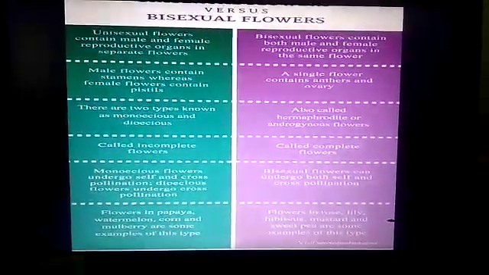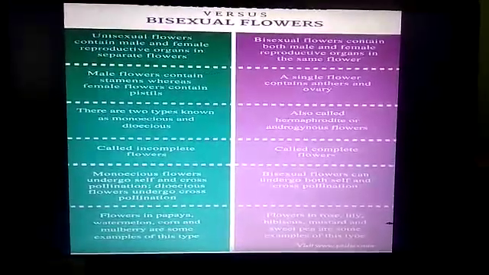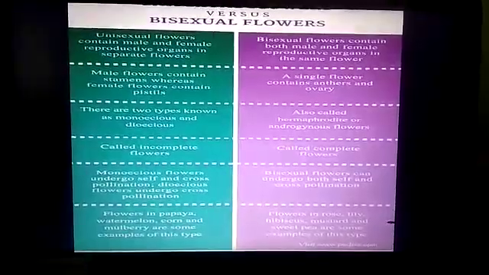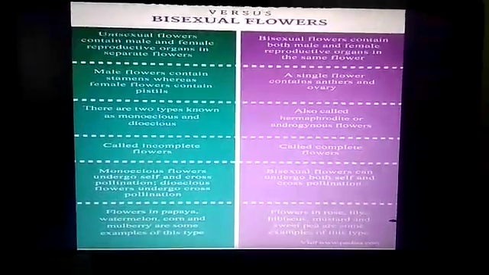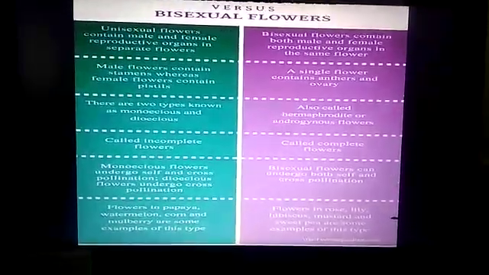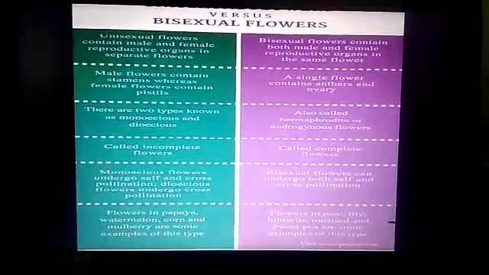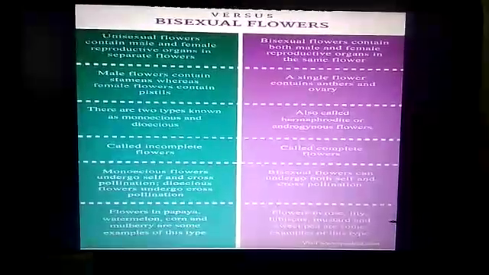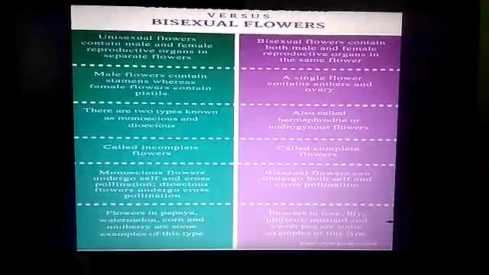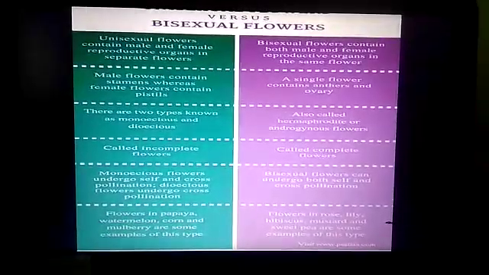Male flowers contain stamens whereas female flowers contain pistils. Here a single flower contains both anther and ovary. There are two types known as monoecious and dioecious. Bisexual flowers are also called hermaphrodite or androgynous.